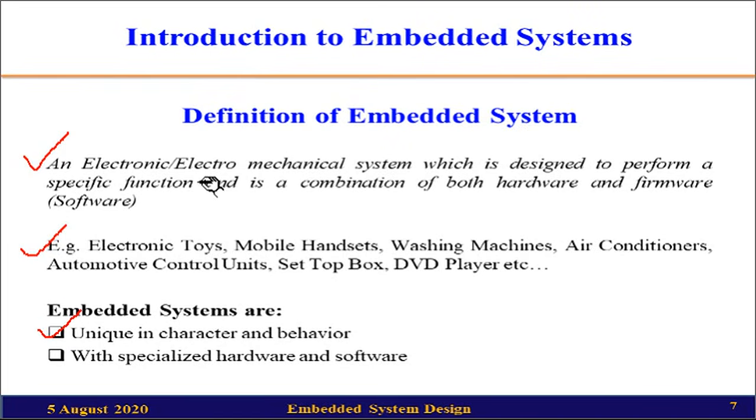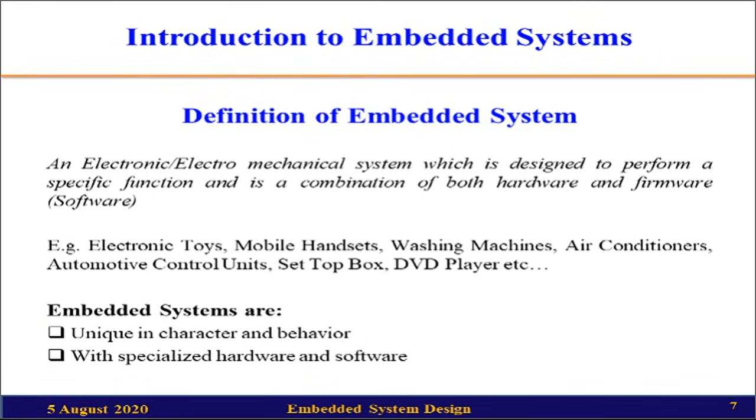As you have seen in the definition, it performs a specific function only, so it is unique in character as well as behavior, with specialized hardware and software. Whatever hardware is meant for a washing machine, we cannot use it for another embedded system. So we can say that it has specialized hardware and software.